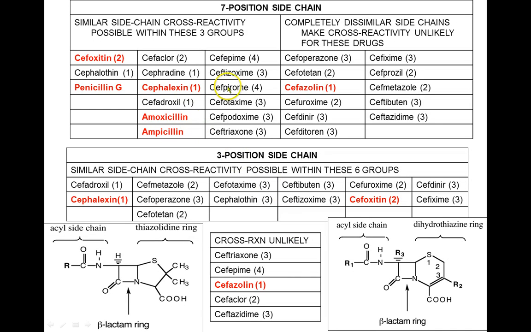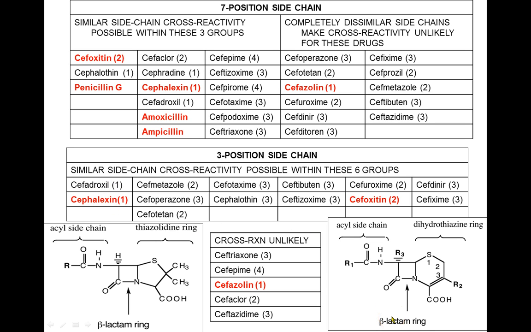This table looks at different side chains at the 7 position, side chains at the 3 position, and different columns show drugs that are similar to each other. So here we see cefoxitin similar to penicillin G at the 7 position, but Keflex is not similar to penicillin G at the 3 position.